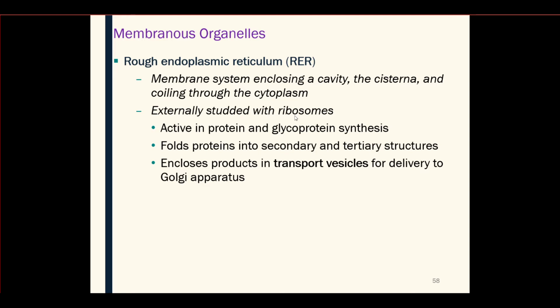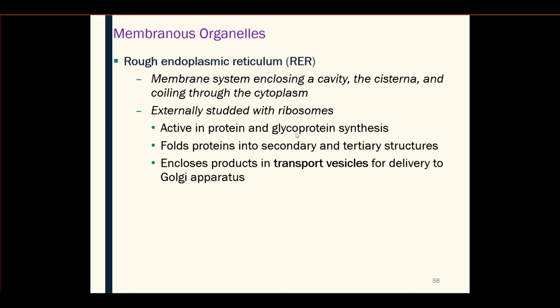So now think about this from our previous lesson. If I was in class right now, I would say, hey, does anybody remember what the function of the ribosomes is? And you should automatically say in your mind, protein synthesis. So this endoplasmic reticulum, since it has ribosomes, has to be involved with protein synthesis, and that's exactly what it does. It's active in protein as well as glycoprotein synthesis.